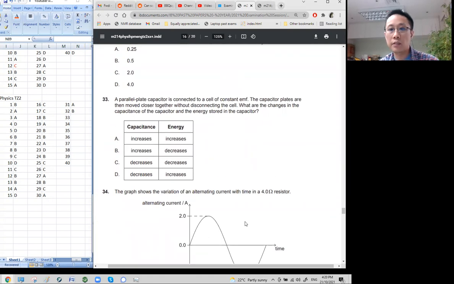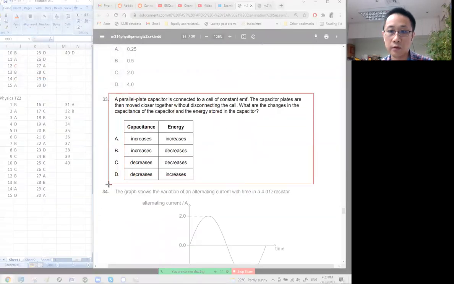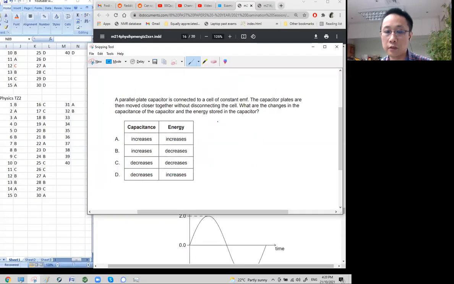33, a parallel plate capacitor is connected to a cell of constant EMF. The capacitor plates are then moved closer together without disconnecting the cell. What are the changes in the capacitance of the capacitor and the energy stored? The capacitance itself is given by this equation, and the capacitance does not depend on the voltage.